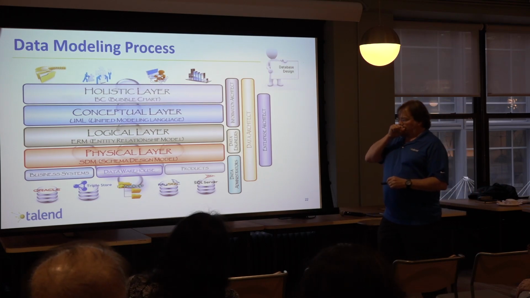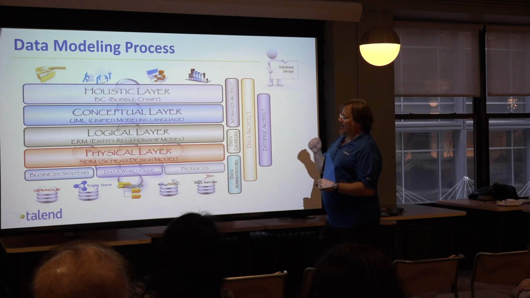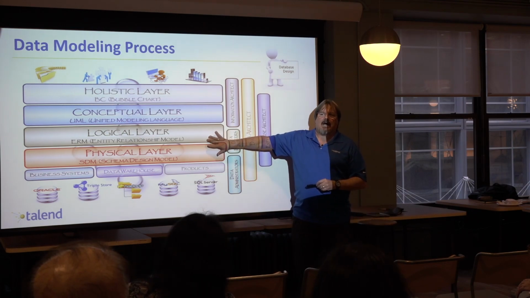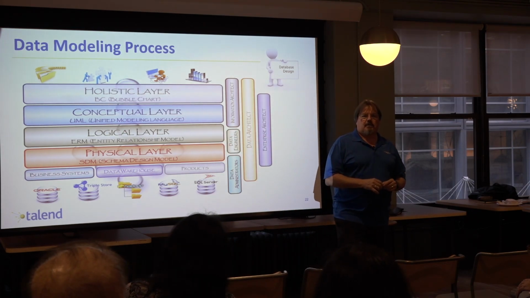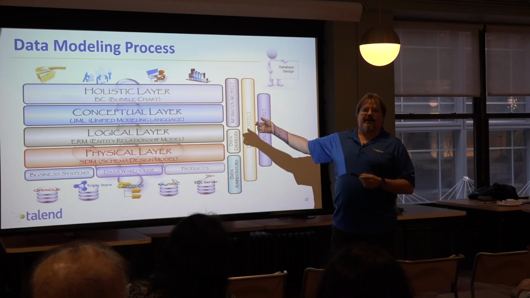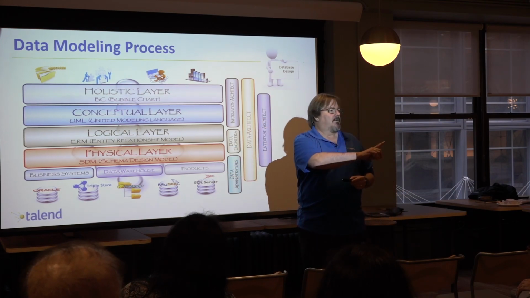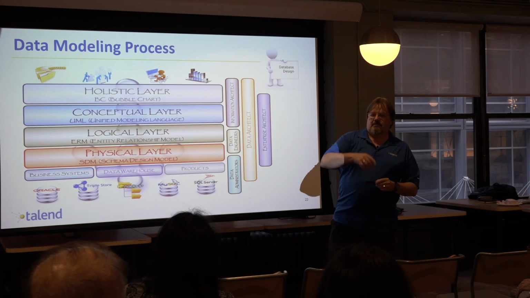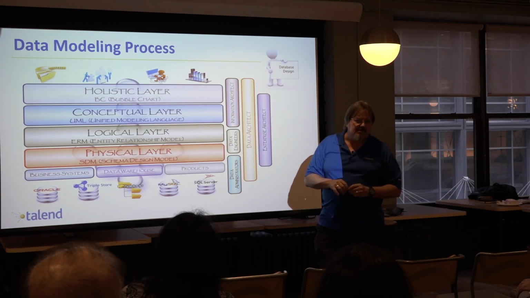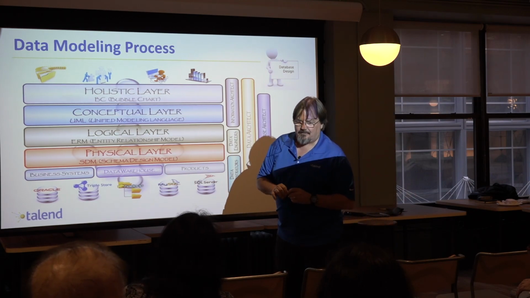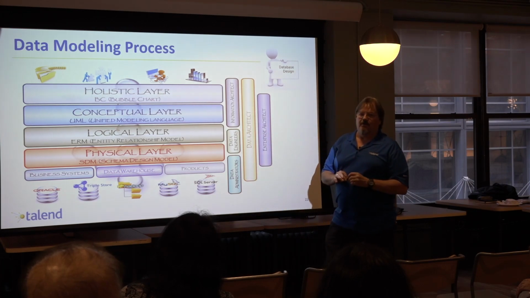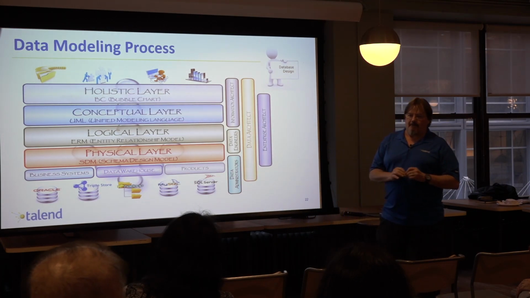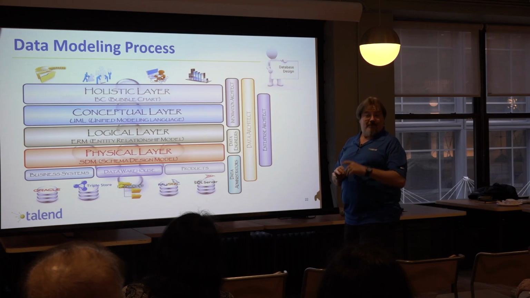So when it comes to data modeling, you're probably all very familiar with the logical and the physical layers. Who wants to tell me what the logical layer is? The business friendly. Really? Entities and attributes? Will your accountant understand what you're talking about? No, you're right.